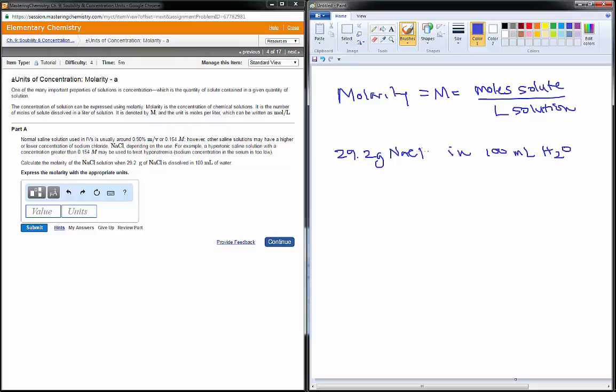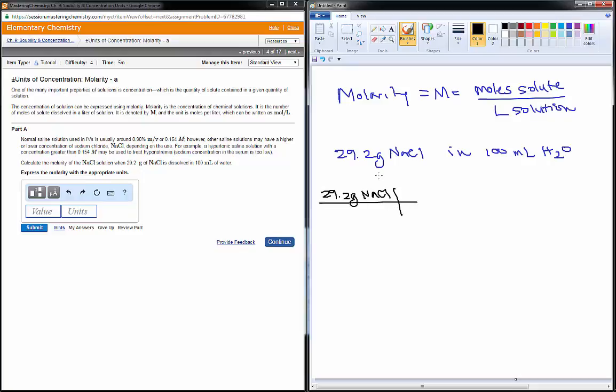Since I was given grams, I need to convert to moles. Since I was given milliliters, I need to convert to liters, and then I can just put the moles over the liters and I will have molarity. So that's going to look like this: 29.2 grams NaCl.